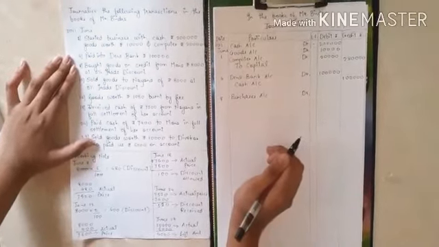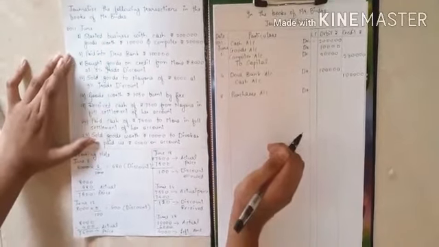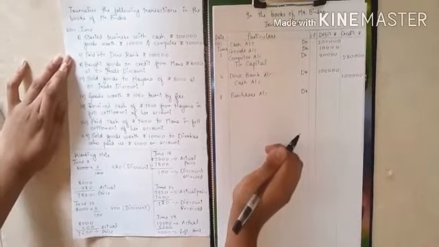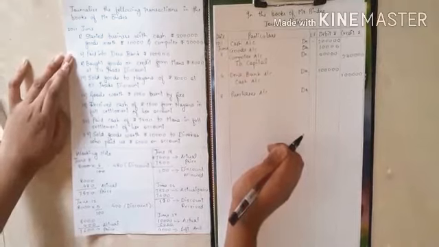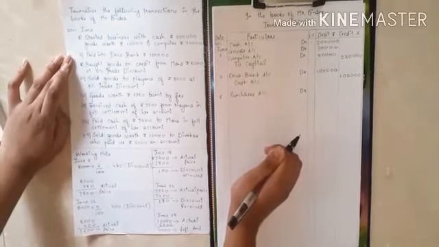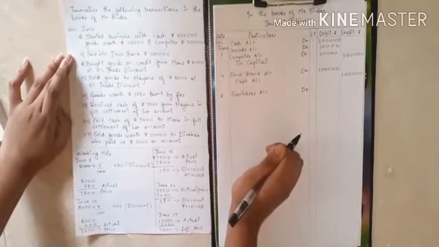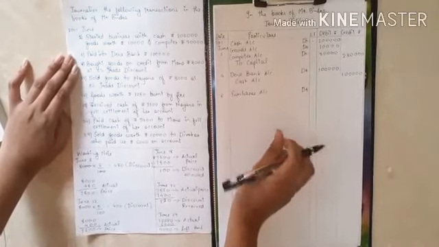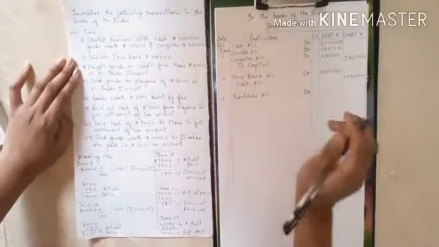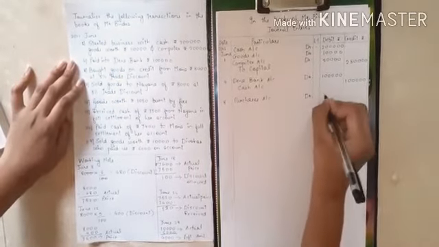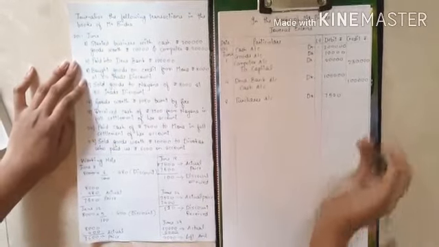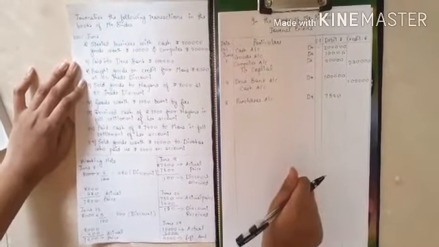Since we have purchased goods on credit, it is loss for us, that is loss for Mr. Bindra because he has bought goods on credit and after completion of the credit period he has to pay the amount. So that is a loss. So it is getting the debit effect. What is the actual price? 7,520 because trade discount is being allowed to us.